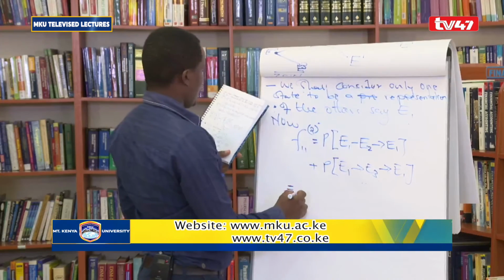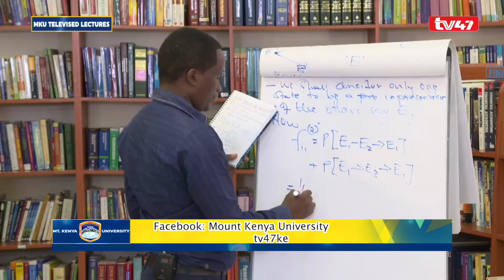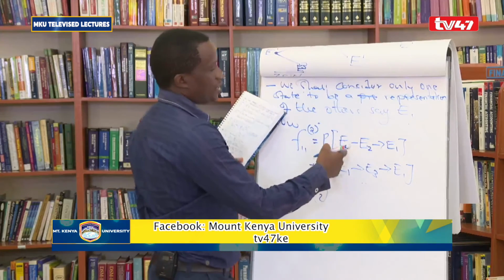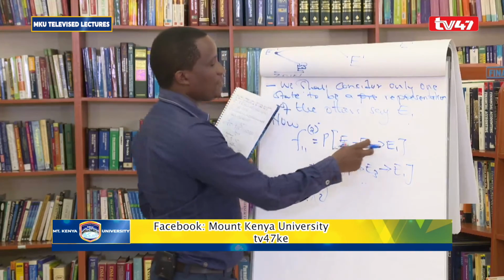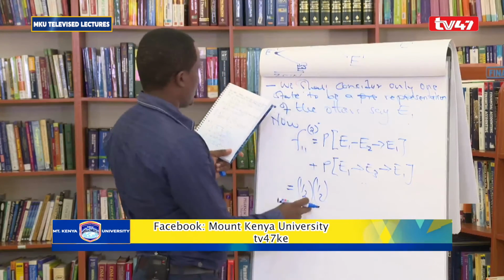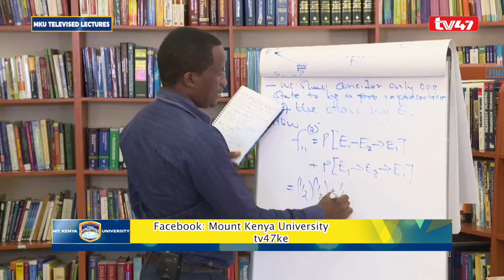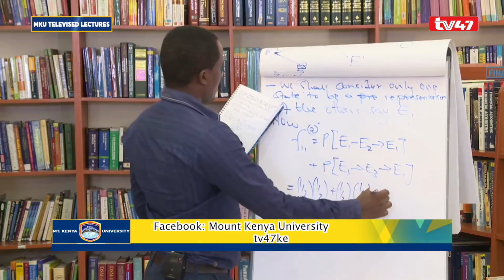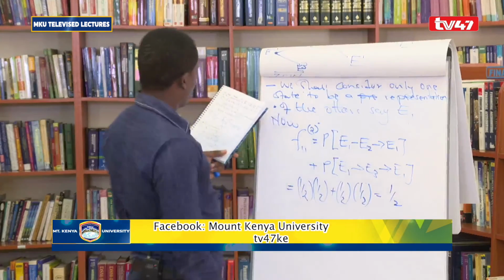This is with probability a half multiplied by a half. That is, moving from state 1 to state 2 has probability a half, and moving from state 2 to state 1 has probability a half, plus a half times a half for the second part. And this gives us a half.